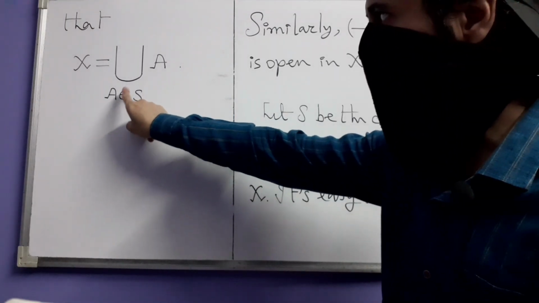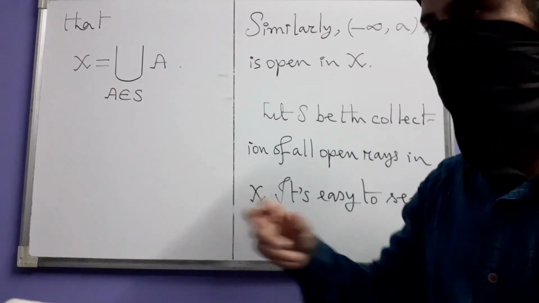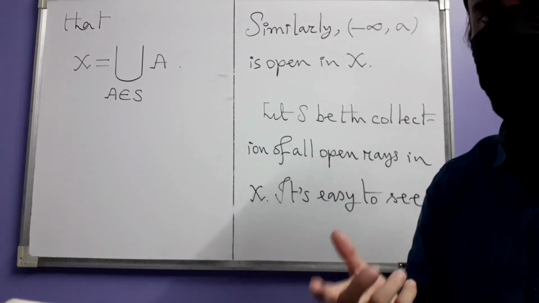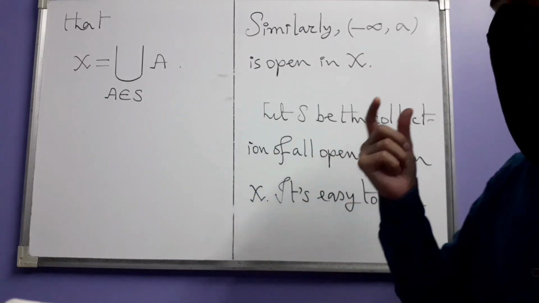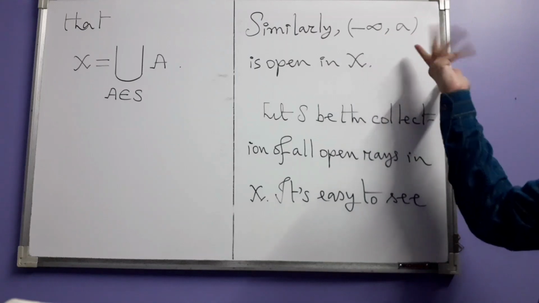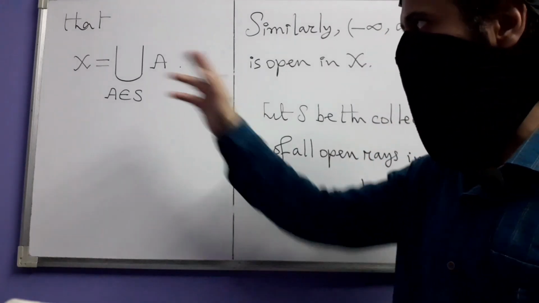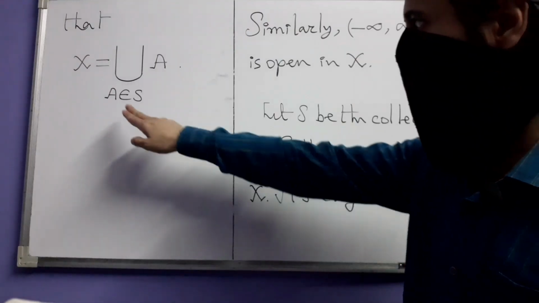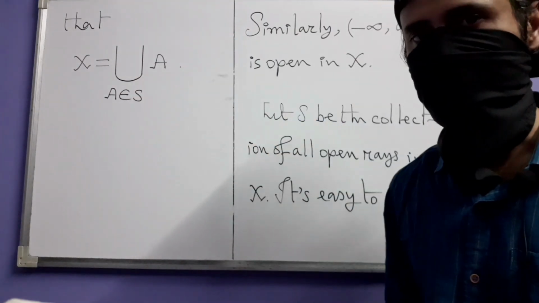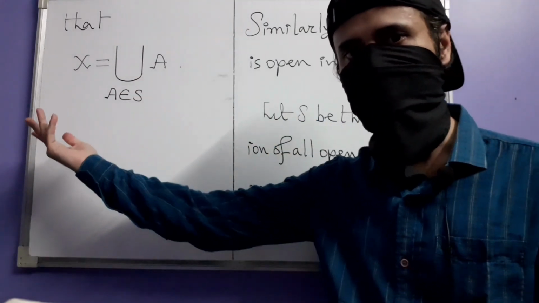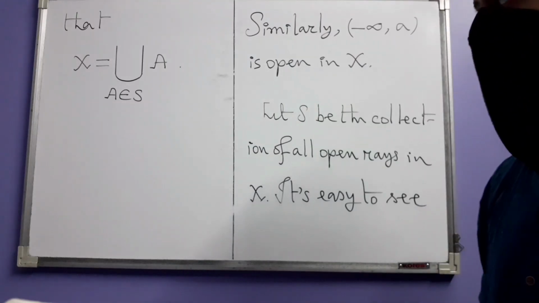You take any element A in S. What is A after all? A is an open ray, and an open ray, for example this one, is by definition a subset of X. So that means each A here is a subset of X. So their union is automatically a subset of X.